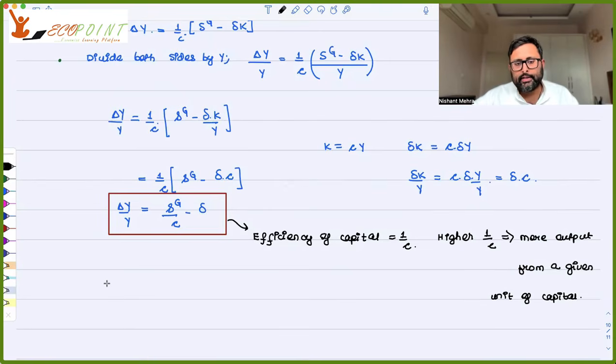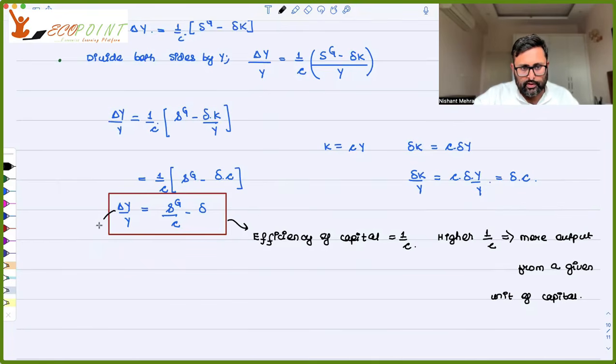So the point is that if the economies want to grow, they will have to save and invest, right? And they have to use their investment more efficiently. They have to use their capital more efficiently. That is the point.